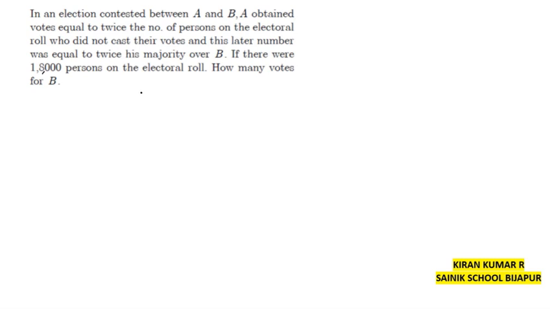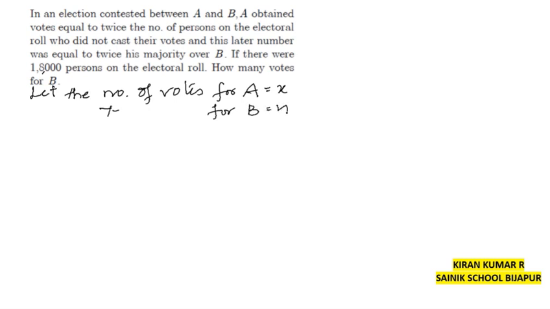Let me consider x to be the number of votes for A and y to be the number of votes for B. Let the number of votes for A be X and the number of votes for B be Y.